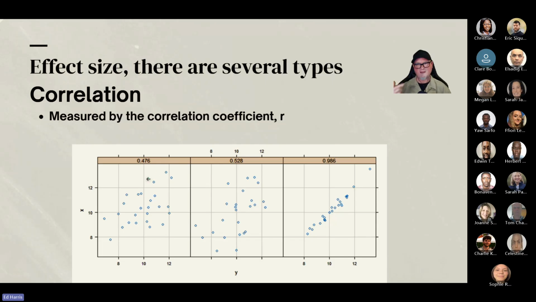The reason that Jacob Cohen offered these rules of thumb is that oftentimes when we want to get specific about our hypothesis, we don't have a quantitative estimate of it. Maybe we would have to do a pilot experiment to do that if we have a really novel experiment. But oftentimes we're constrained. We can't do a pilot. Or maybe we want to extract something from the literature, from the available evidence, but maybe we can't find anything that's quite right. And so that's why Jacob Cohen formulated these guidelines.